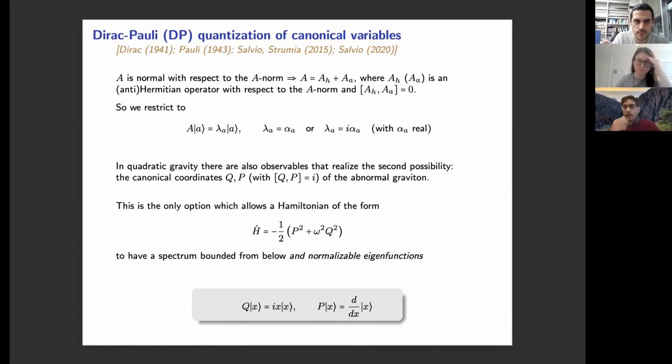In normal quantum mechanics, which is the case basically for energies below the mass m_2, we only have the first possibility, but in general, we can also have observables that have an imaginary spectrum. And this has to be the case in quadratic gravity for the canonical coordinates of the abnormal graviton, because a Hamiltonian like this can have a spectrum bounded from below and at the same time normalizable eigenfunctions only if we choose this possibility.